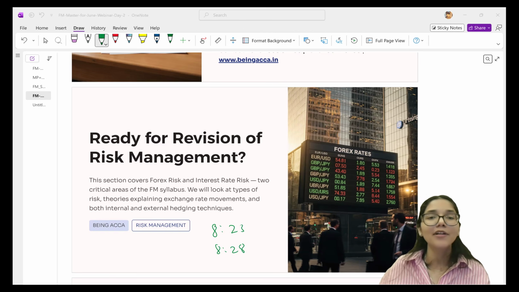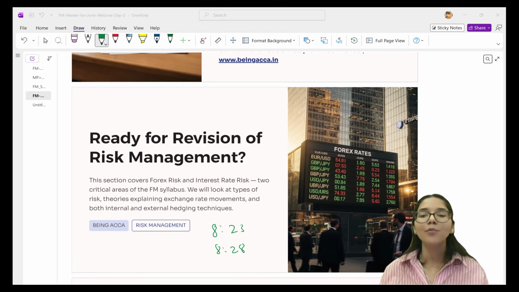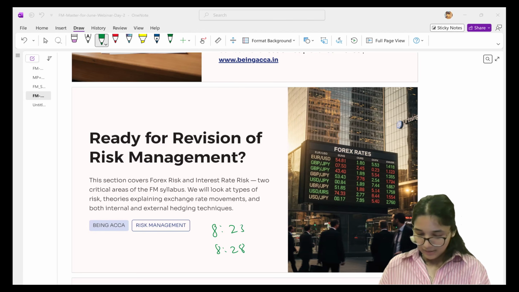In one place, I'm having to spend extra money. And both of this is exactly the same. In one place, I'm saving $100. In the other place, I'm spending $100 more than I should have. So in net effect, I'm still standing at zero. My net effect is zero. Wherever I was in the initial position, I'm still having the same amount of cost. I hope it's clear now, Dhruti.